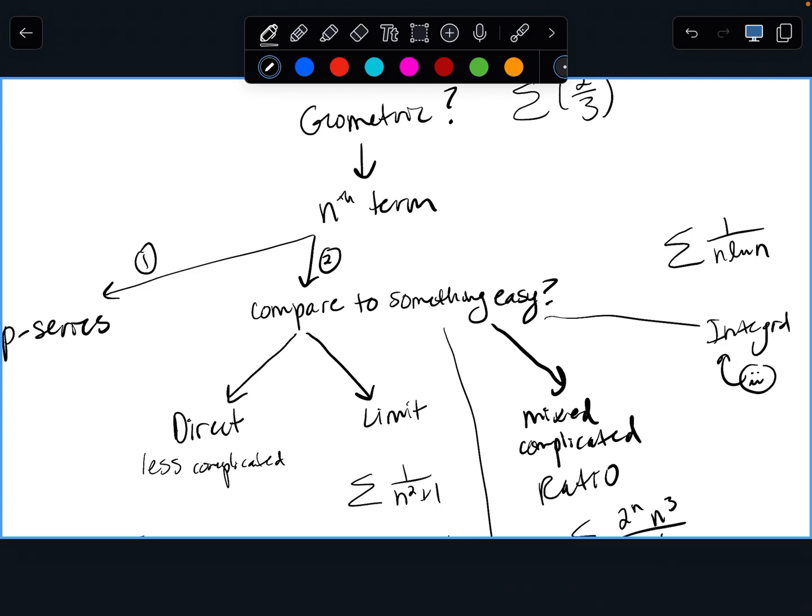Technically you could do a direct, but it's hard to come up with it. So you have to be pretty creative. For that one, I would probably do integral because my u is natural log, my du is 1 over n. So it'd be not too bad to integrate. But usually integral, if it's got a function in it, I usually do that, or if they make me.